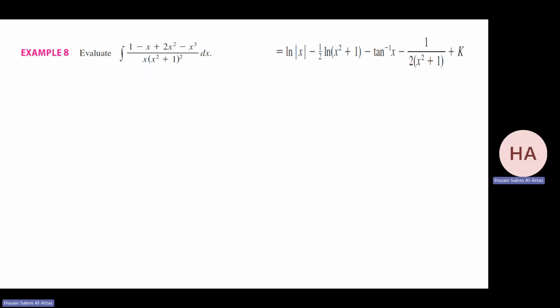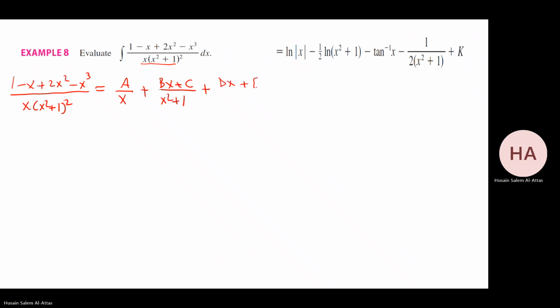Now I need to do this. If you notice, the denominator is the same. So I have minus x plus 2x squared minus x cubed over this. And that means it's a over x plus bx plus c over this plus dx plus e over x squared plus 1 squared.